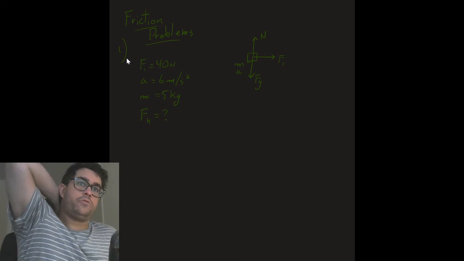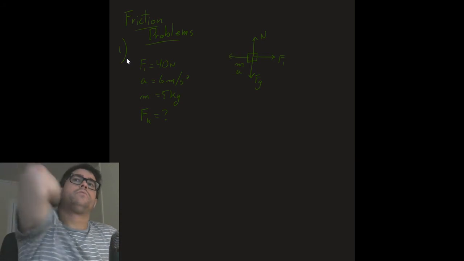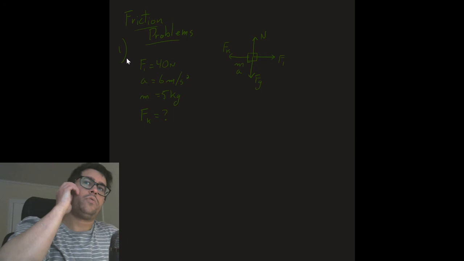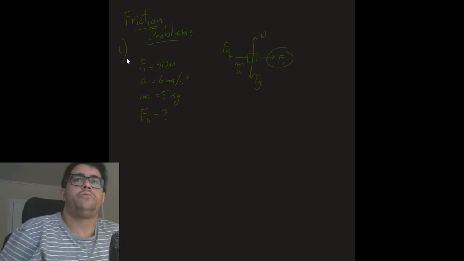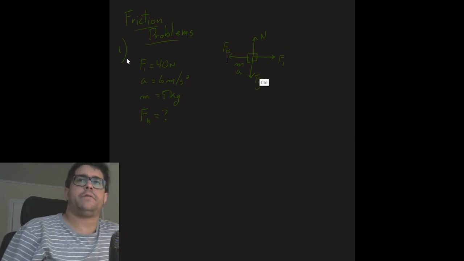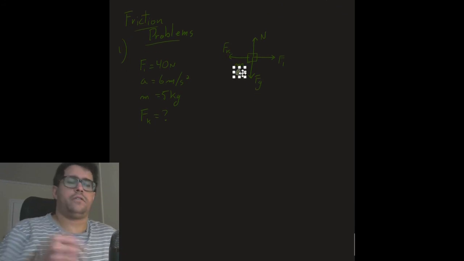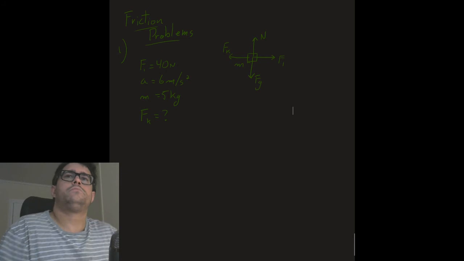Is there friction? Yes, there's friction. So friction is backwards. Fk. Friction is always pulling back. So if we are pushing this way, friction is always pulling back.